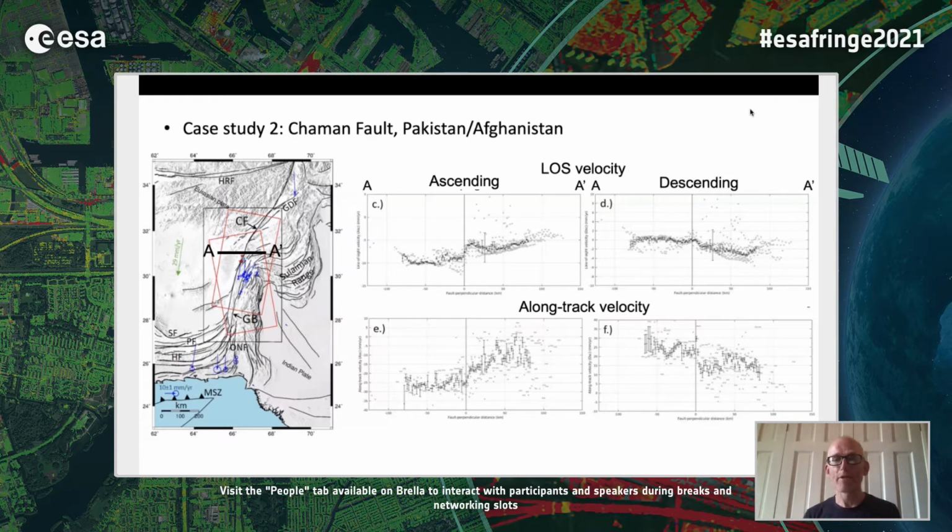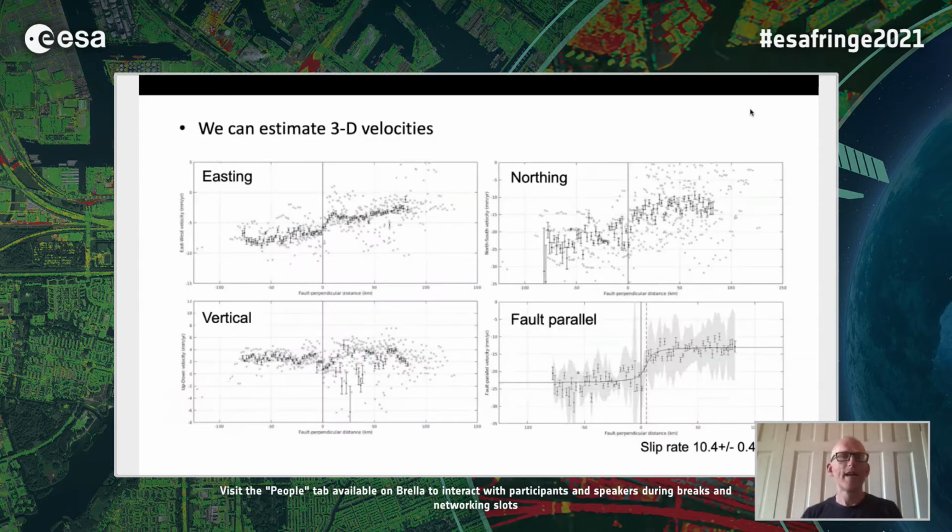So now I'm showing just for one profile in these 4 panels on the right, the ascending and descending tracks, and then you've got line of sight at the top and the along-track at the bottom. So most of these show some sort of step across the fault because it's not exactly a north-south fault in this region.